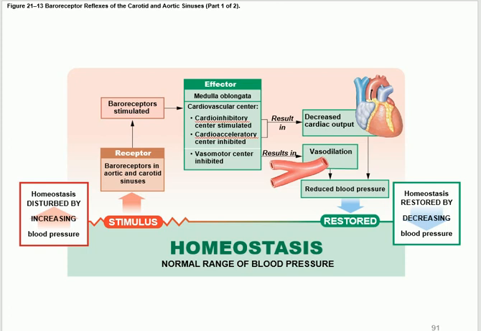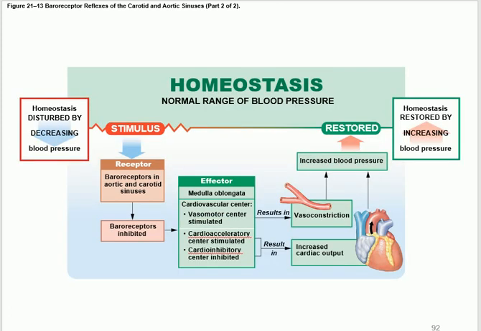If the blood pressure goes up, baroreceptors pick it up, send the signal to the medulla oblongata, stimulating what? Inhibitory. Yes, because you said inhibitory and somebody else said the acceleratory. Inhibitory plus vasodilation. Yes.